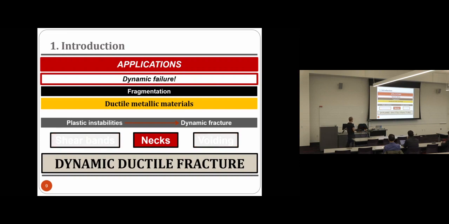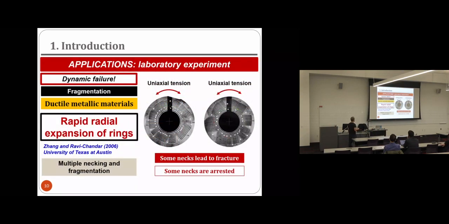So let's start with necks. How do we typically study the formation of dynamic necks in a laboratory environment? I'm showing here one of the classical experiments. In this case, I took these pictures from a beautiful paper of Rabi, published in 2006 in the International Journal of Fracture, where he was using electromagnetic loading in order to expand a ring at very high strain rates.